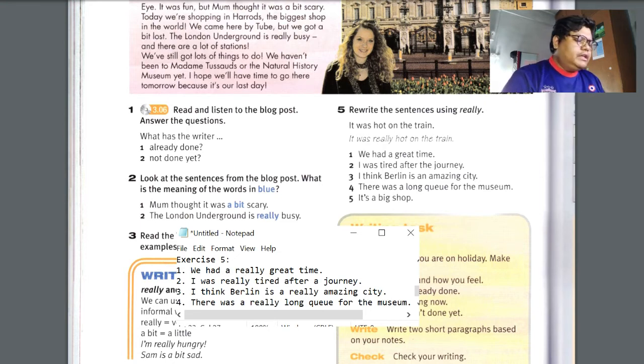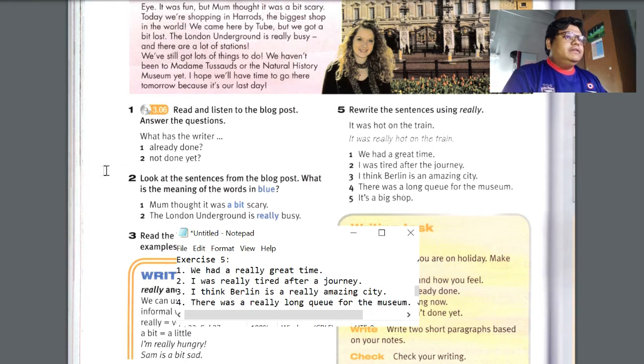Okay, so the word really only comes before adjective. Okay, it's a big shop. Okay, so we can say it's a really big shop. Okay, so this is how you write sentence 1 to 5.